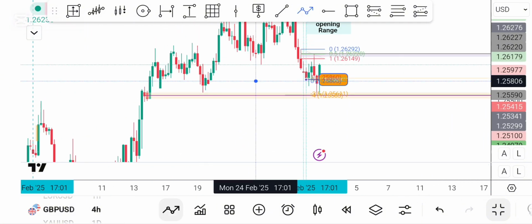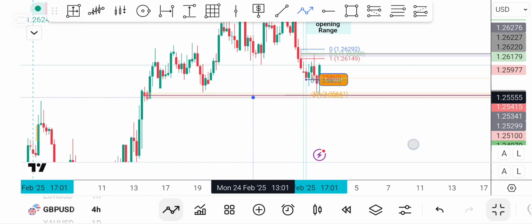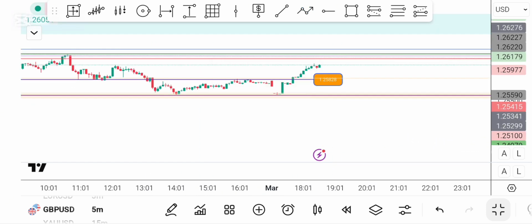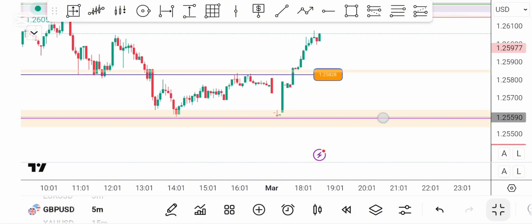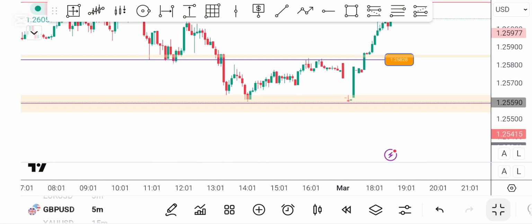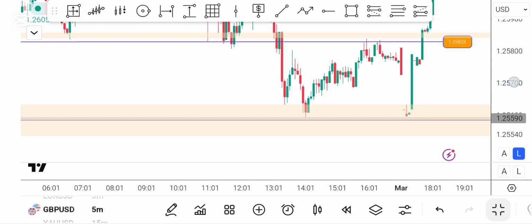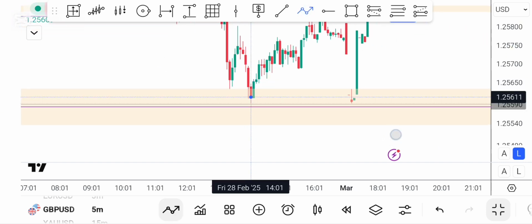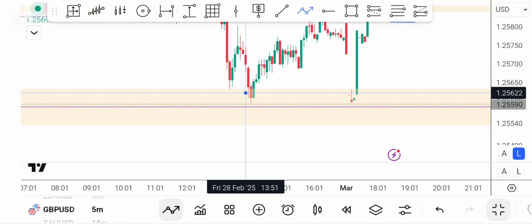This guy right here, this bullish order block. Okay, this is the line that I extended right across. So I'm going to just go to the 5-minute time frame so that I show you exactly what I want to show you. Now, you see how price traded into that bullish order block, right? You see that? Now, this is the low that was formed on Friday right here.